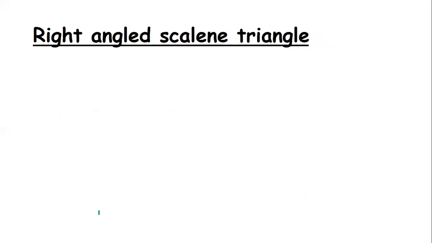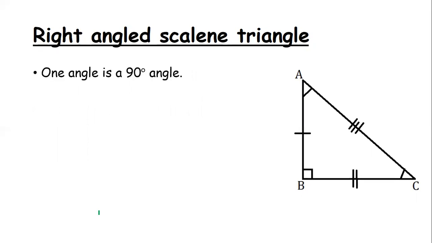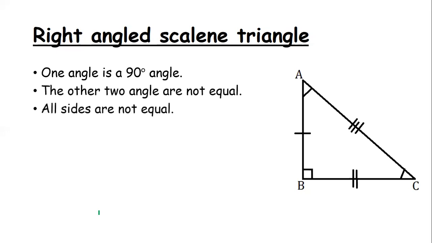Let's look at a right-angled scalene triangle. A right-angled scalene triangle, here we go, all the sides are not equal. So one angle is 90 degrees, which makes it a right-angled triangle, and the other two angles are not equal, right? And also all sides are not equal, meaning the same thing as any other right-angled triangle.